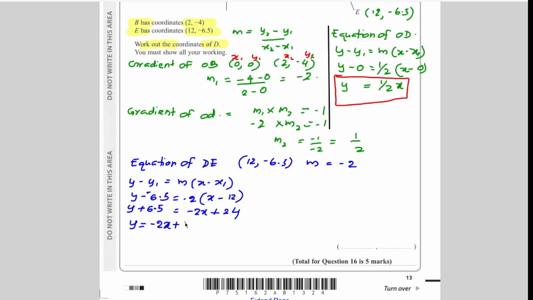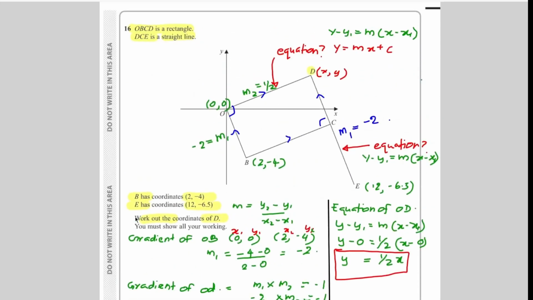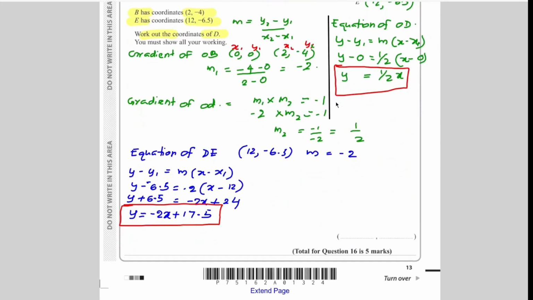So plus 17.5. So we are having another equation, this one. So we have two equations of these two lines. Then we need to solve them simultaneously. Equation 1, equation 2. So let's solve them simultaneously now.